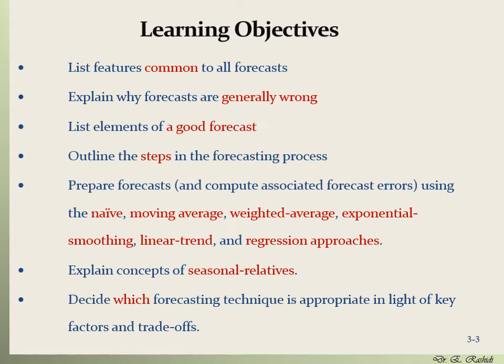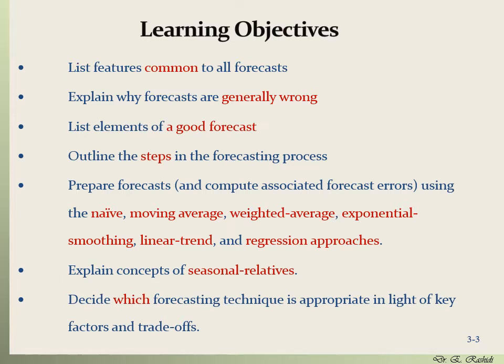We're going to also learn about a set of forecasting techniques, such as the naive method, the moving average method, the weighted moving average method, exponential smoothing, linear trend, and also regression approaches. We're also going to learn about time series and the characteristics of time series, for example, seasonality, cycles, and trends.